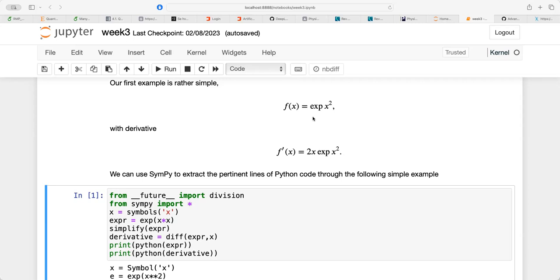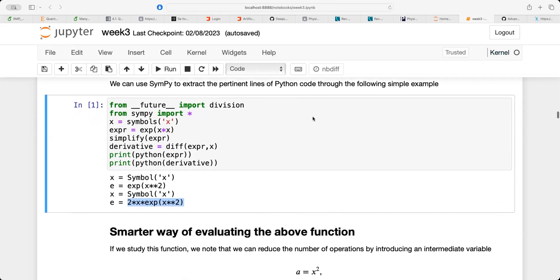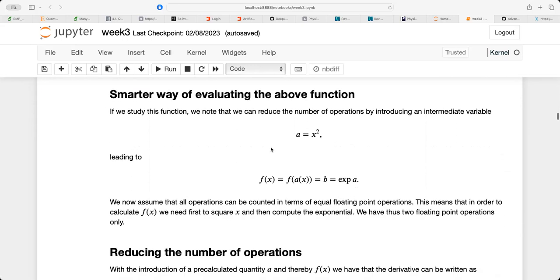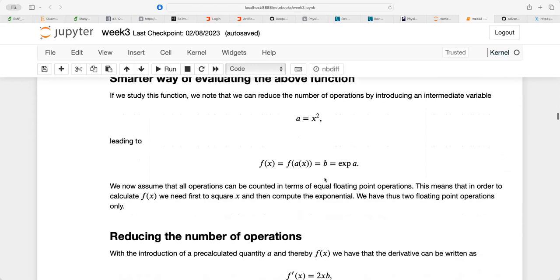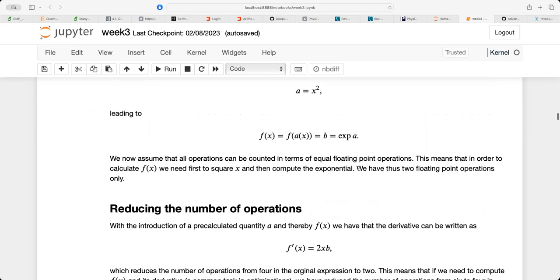And the way you would reduce it to 4, and this is also what you would do with automatic differentiation, is we evaluate a, so we pre-calculate it, and we pre-calculate b. We need that anyway to calculate f.